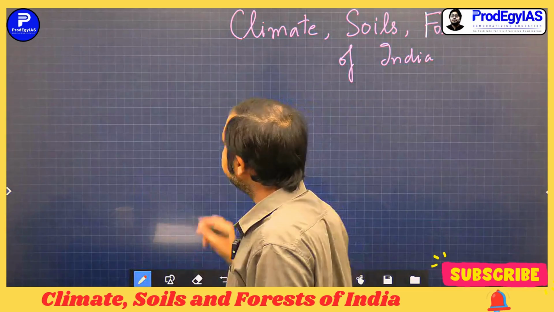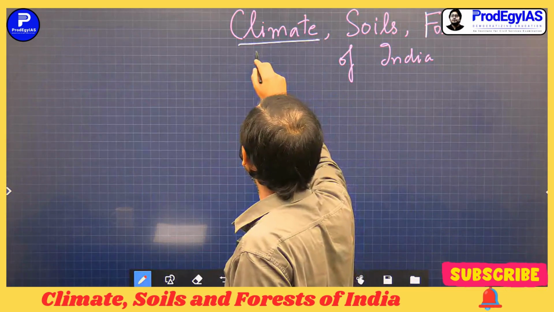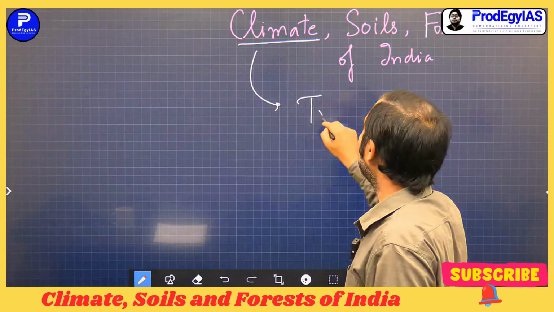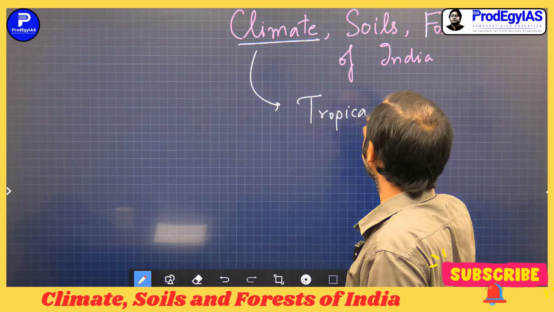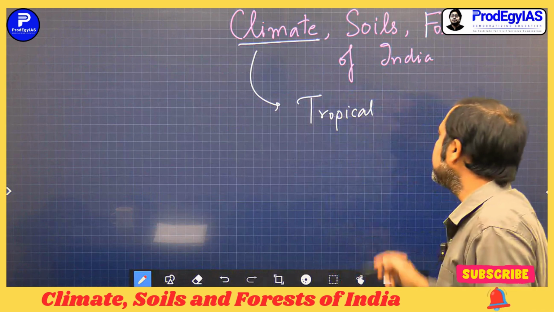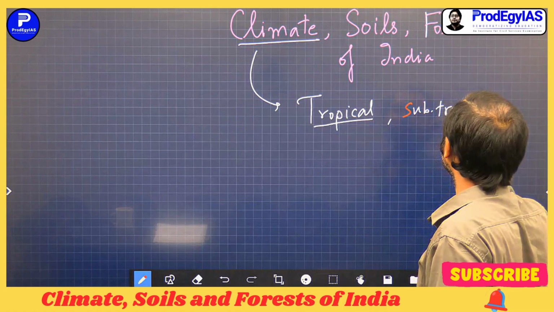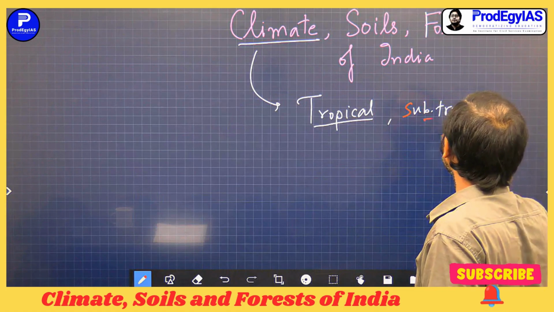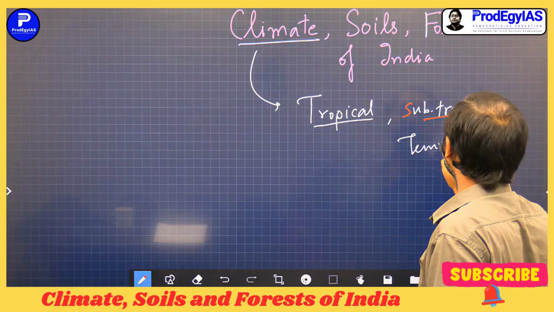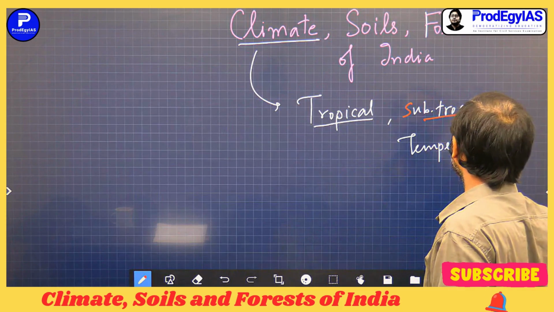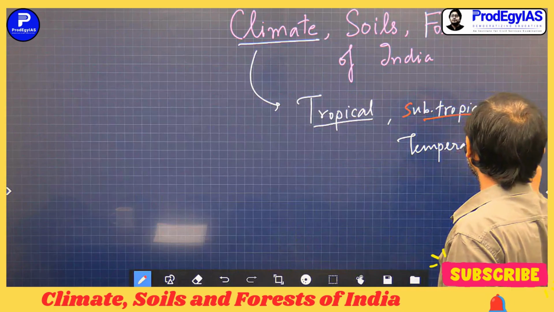So you know that Indian climate is largely tropical, though in some areas it is subtropical also. It is temperate also, and it is also alpine.